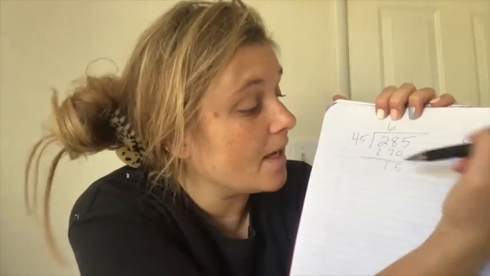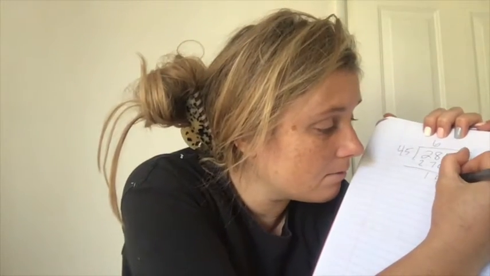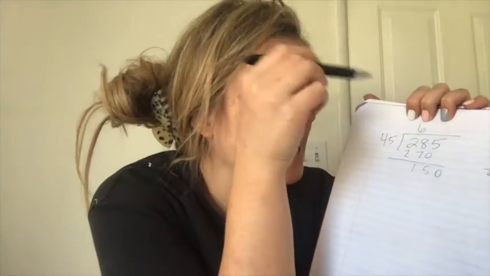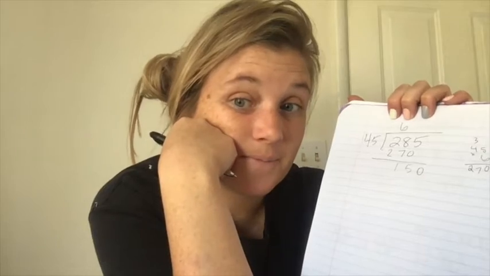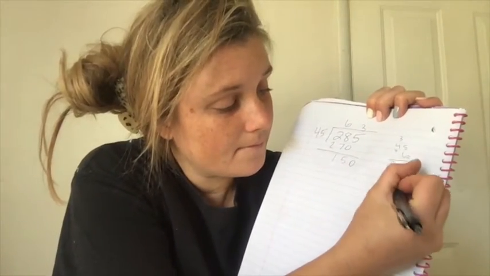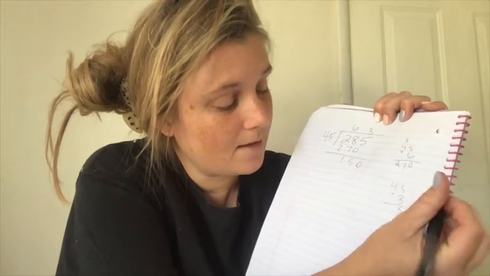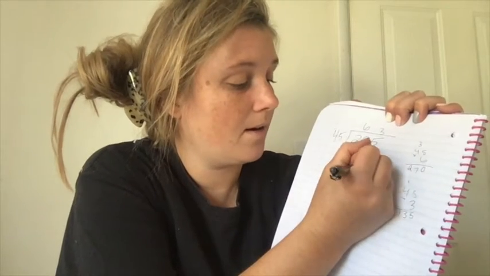What you do, if you get a remainder, you pull down another 0 and you keep going. How many times does 45 go into 150? Should we say 3 times? 3 times 45. Let's write that out. 3 times 5 is 15. 3 times 4 is 12, 13. 135.